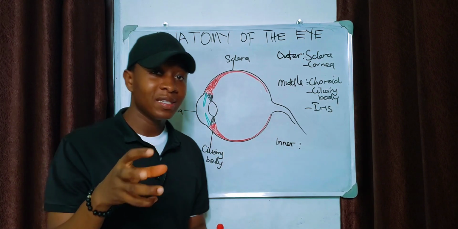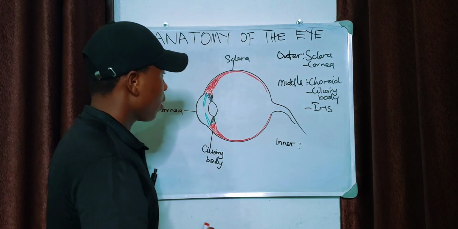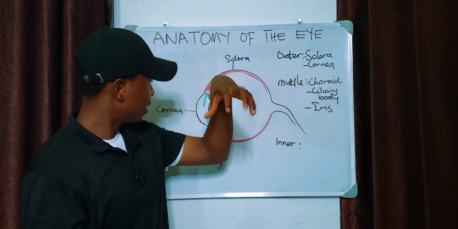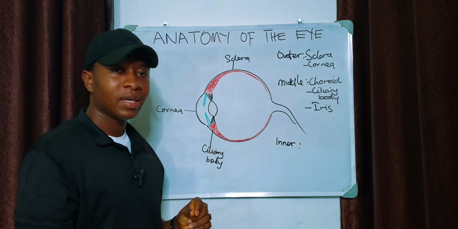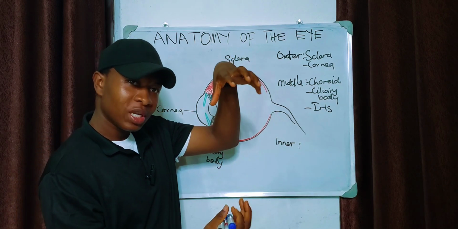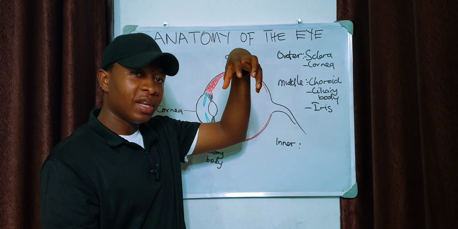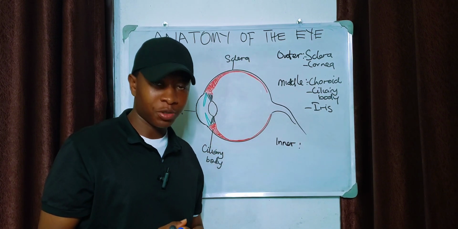Now, the ciliary body has extensions. Okay, it has about two extensions. One of the extensions are these ligaments. So we have things like ligaments holding the lens in place. So this ligament just holds the lens in place. It has the ability to actually stretch the lens or make it very circular. And this is important in image formation.